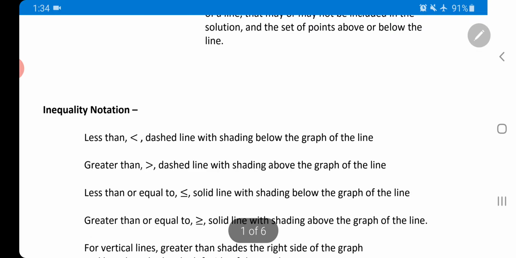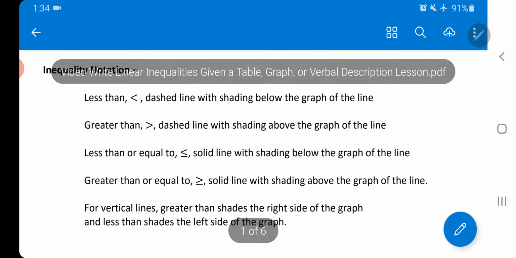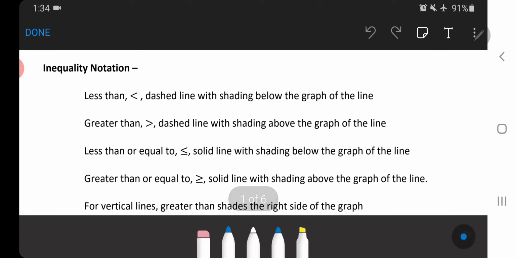Real quick, let's remember what inequality notation is. It just means that we don't have that typical equal sign only. We're going to have a couple of different ways of setting solutions. So like the less than sign, we have the alligator mouth, how some people describe this. Of course, less than is going to look mostly like that.